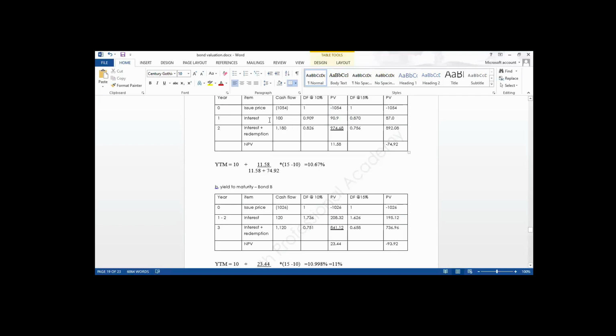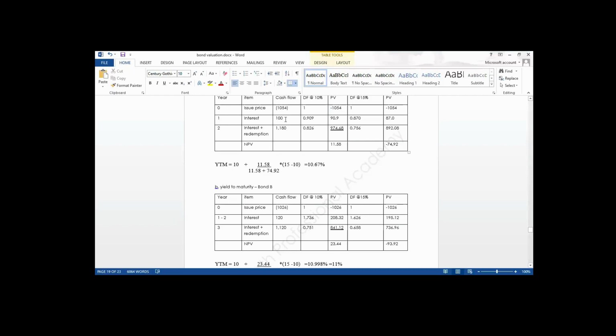Year 1, annual interest. The annual interest is an inflow. The borrower will pay interest. The lender will receive the interest. That becomes an inflow to the lender.